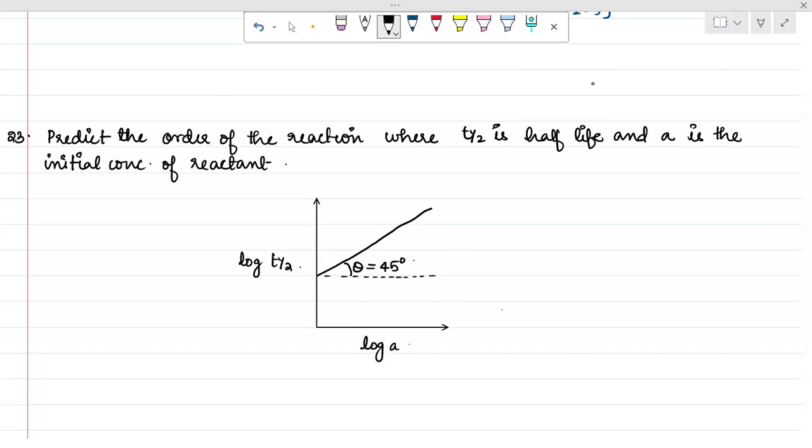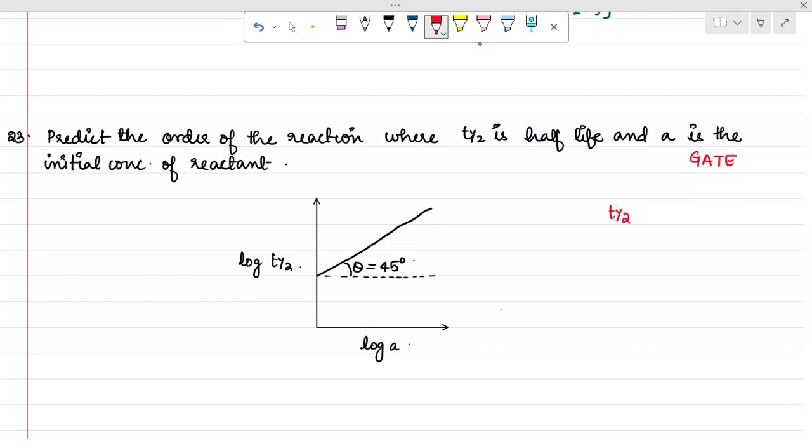This much is given. Very easy. This question was asked in GATE. You get a lot of questions from this relation, okay?